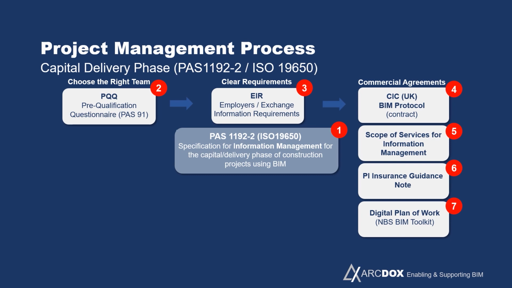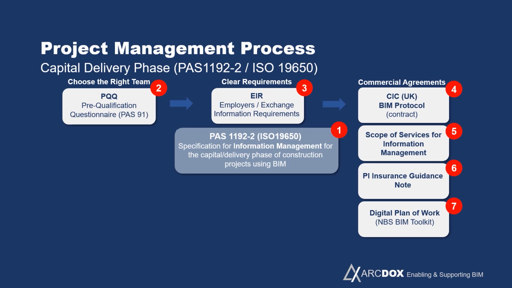You need to make sure somebody is put in charge to manage the information process at the different stages. So normally the lead designer on a project would be the project information manager for design stage, and the main contractor would be the project information manager for the construction stage.